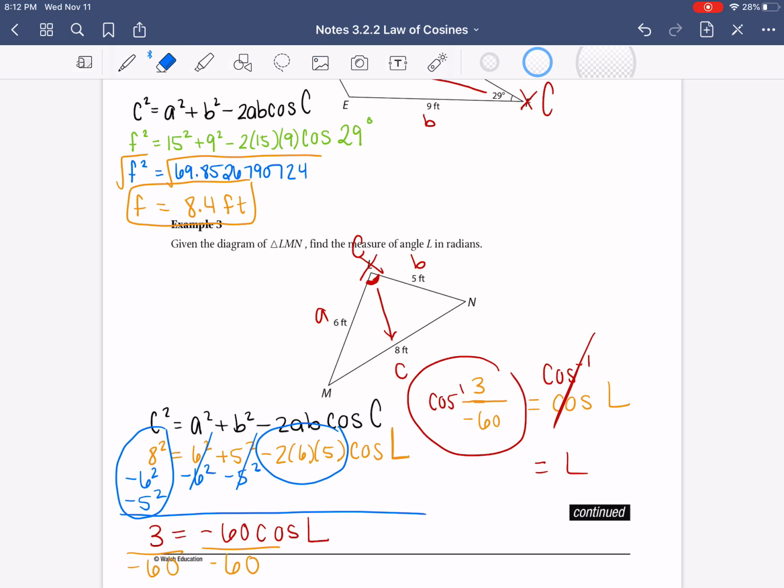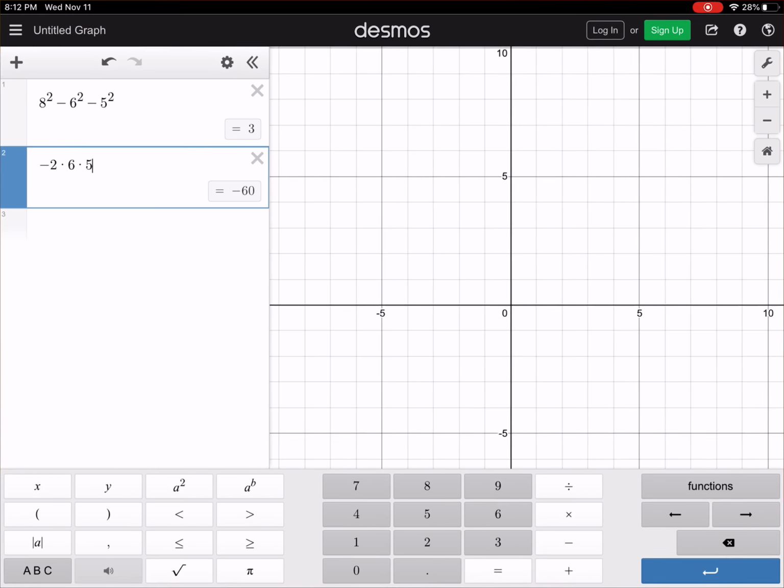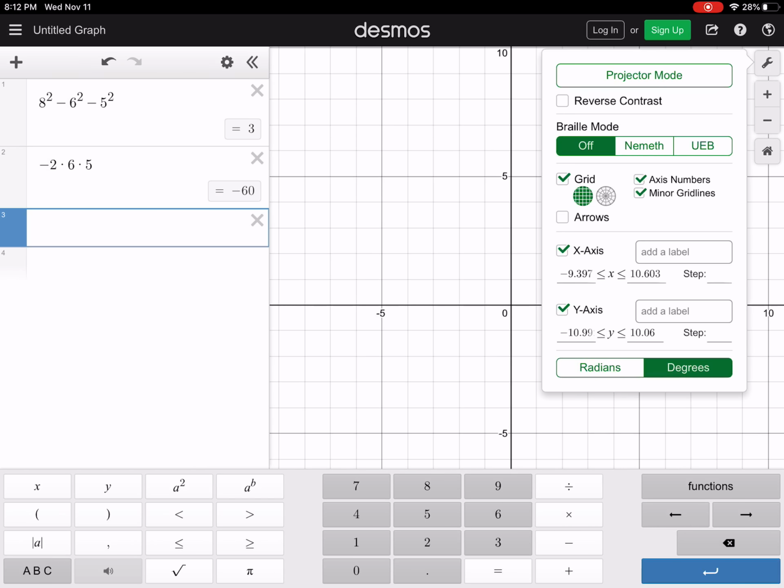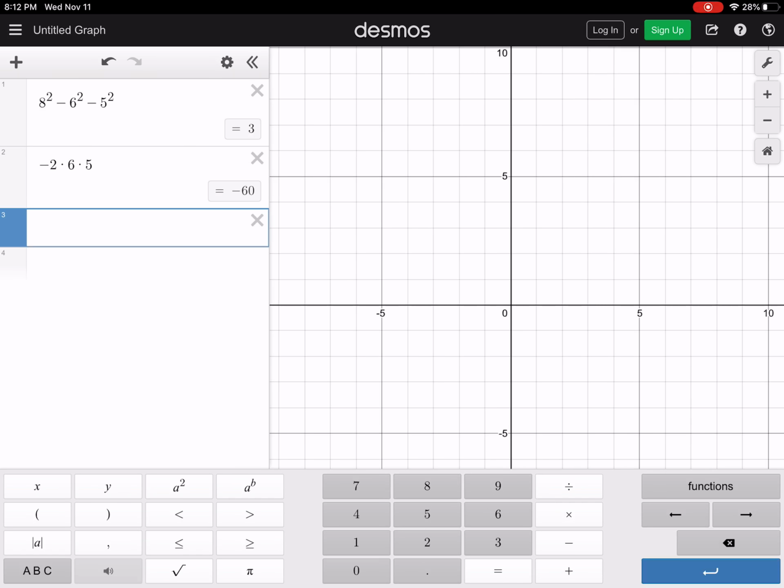And this right here, I don't know if you can read it very well, but it says cosine inverse. It looks like cosine to the power of negative 1. The way we read it is cosine inverse. So I'm going to type that into my calculator. It was in radian mode because the problem told me specifically we're in radians. Then I take cosine inverse of 3 divided by negative 60.